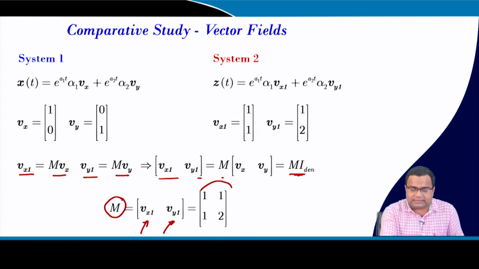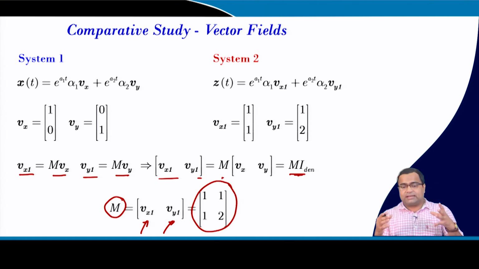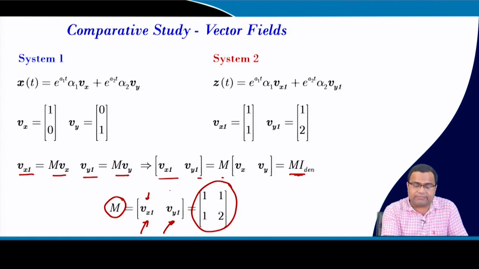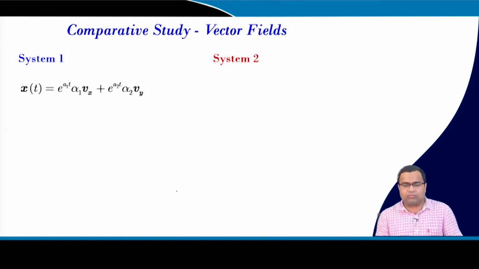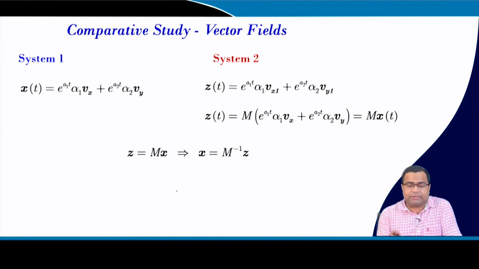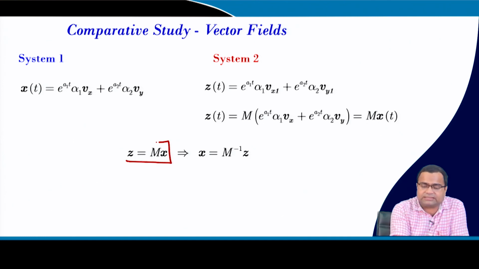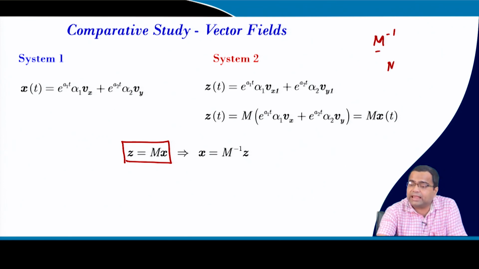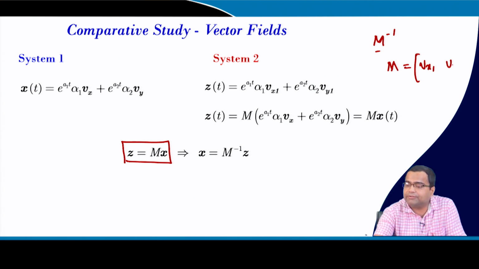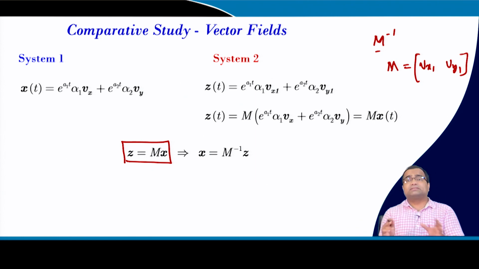So, ultimately you will find soon that these are the eigenvectors of the system which we are going to deal with. So, what is the system transformation? That means this image processing is changing the angle by means of an operator z = M times x, or you can write x = M inverse z, and this inverse exists because we have chosen M, which consists of two vectors Vx1 and Vy1, and both the vectors are linearly independent.